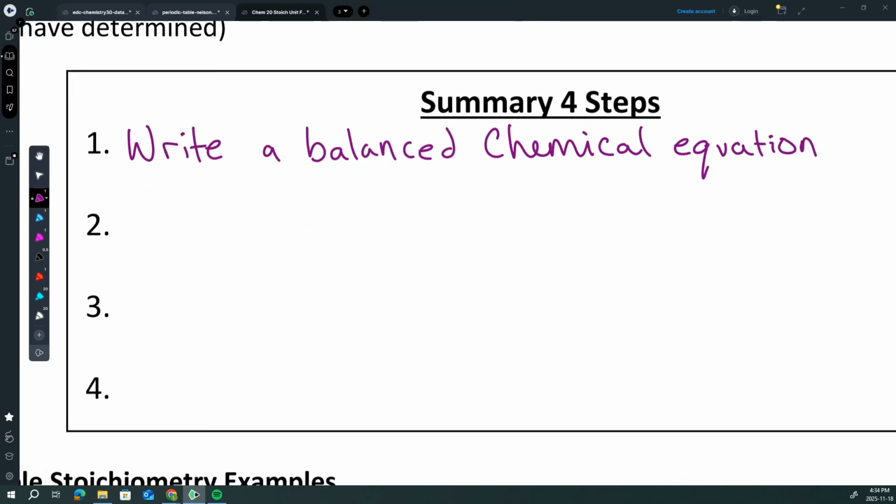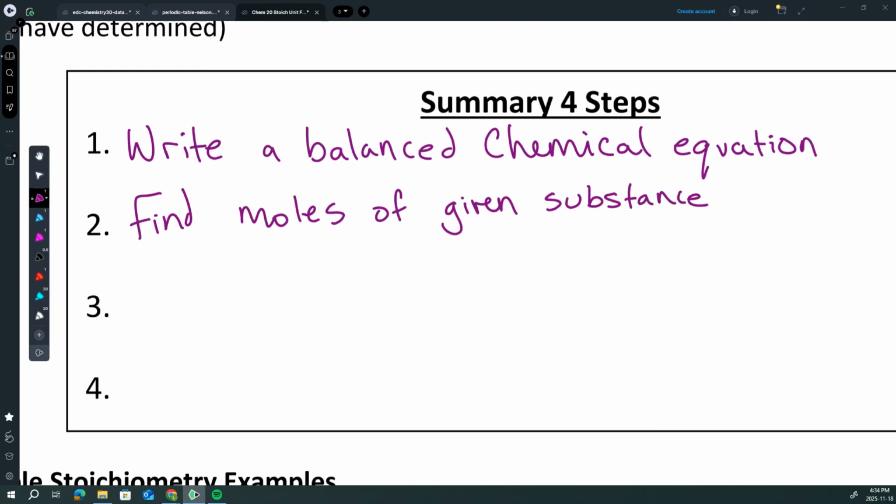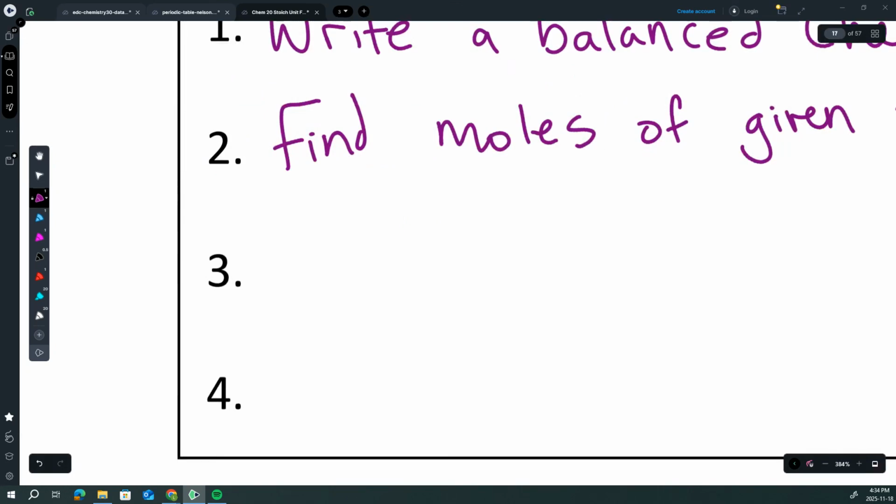Step number 2, find your moles of your known or given substance. Step 3, use your mole ratio to convert moles of known to moles of unknown.